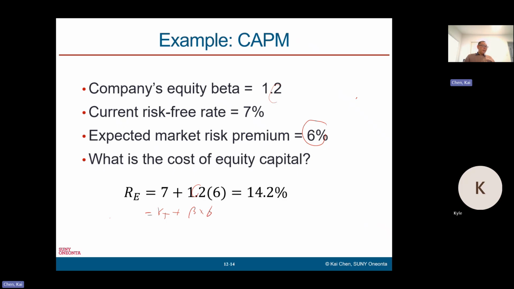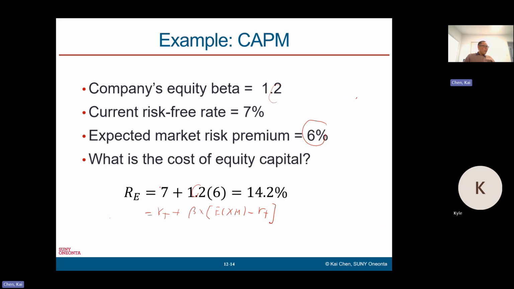The market risk premium is the expected return on the market portfolio minus the risk-free rate, but that is 6%. If we do the calculation, we get 14.2%.